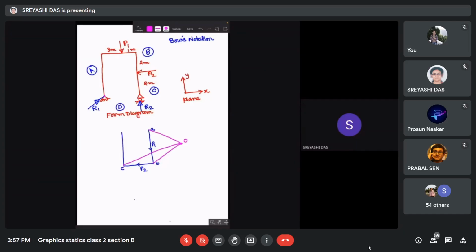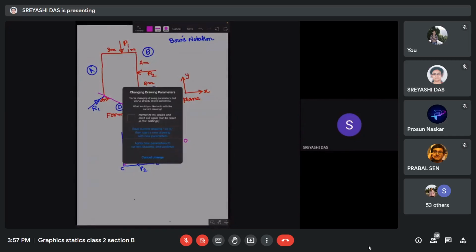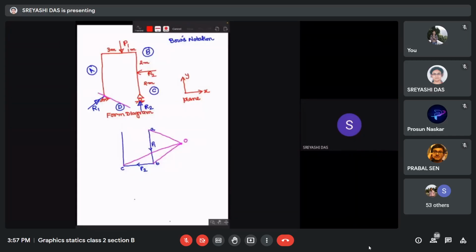So we will draw a line parallel to AO in this A space, like this. This will cut this force line at this point.